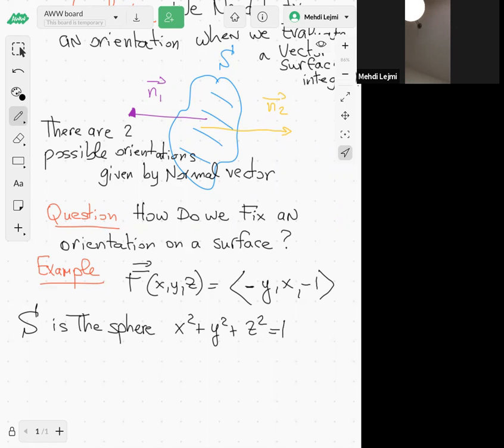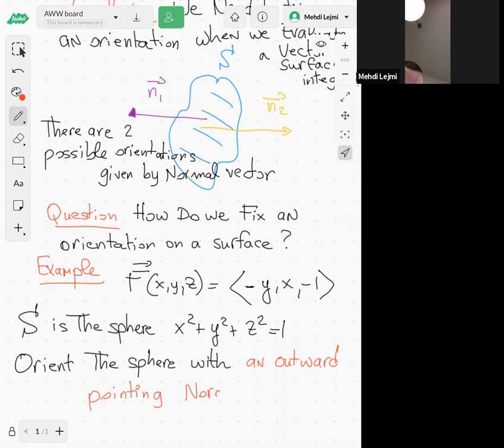And now I'm going to fix an orientation here. I'm going to orient the sphere with an outward pointing normal.